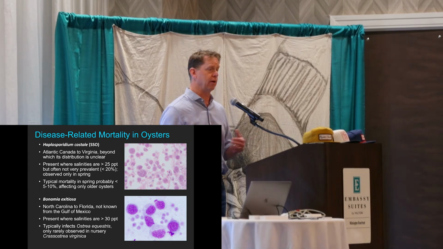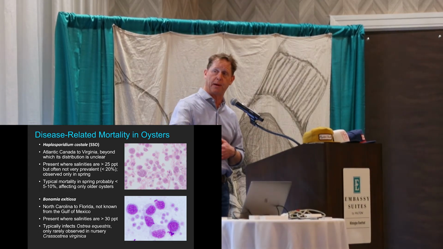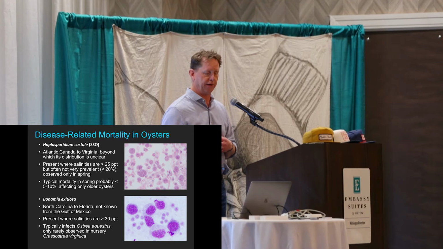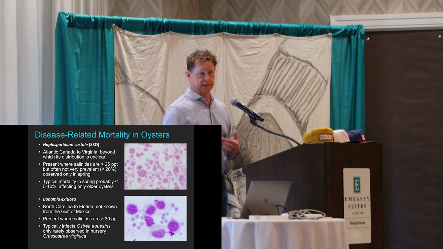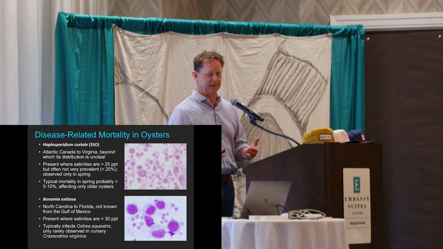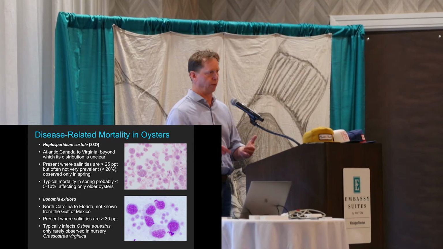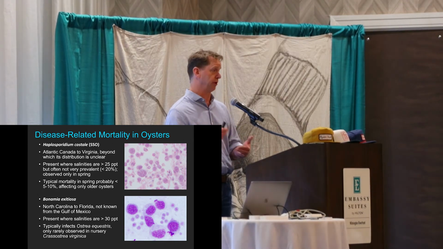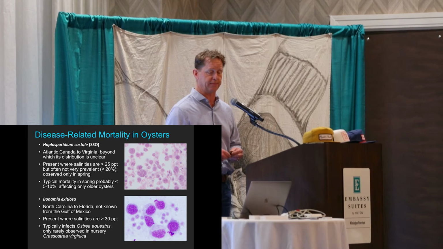And Bonamia, if you're in the southeast region, you probably hear a bit about Bonamia. This is another parasite that we've found in recent years in North Carolina. We very seldom see this in Crassostrea virginica, in eastern oysters, but if you're reading pathology reports, you'll see that we're looking for Bonamia and trying to make sure we appreciate its impact on the oysters.